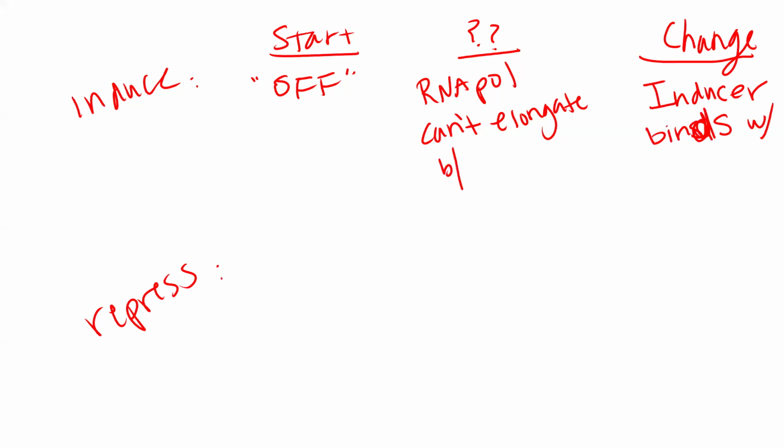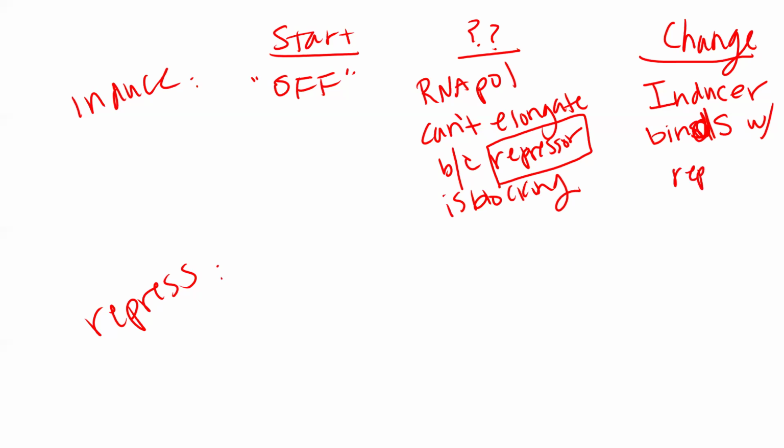A repressor is the name of the protein that's blocking it. In this case, when we're inducing, that repressor is just sitting there. That's how come it's off. So what happens is we're inducing it with our inducer, like we talked about with the lac operon. Lactose is our inducer, so it's going to bind with that repressor.